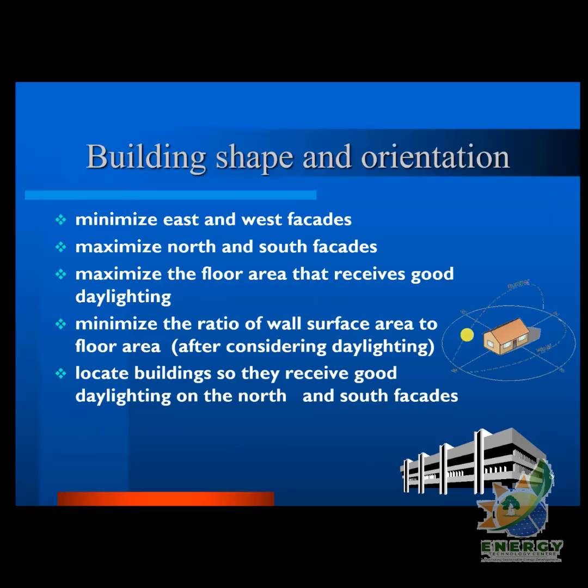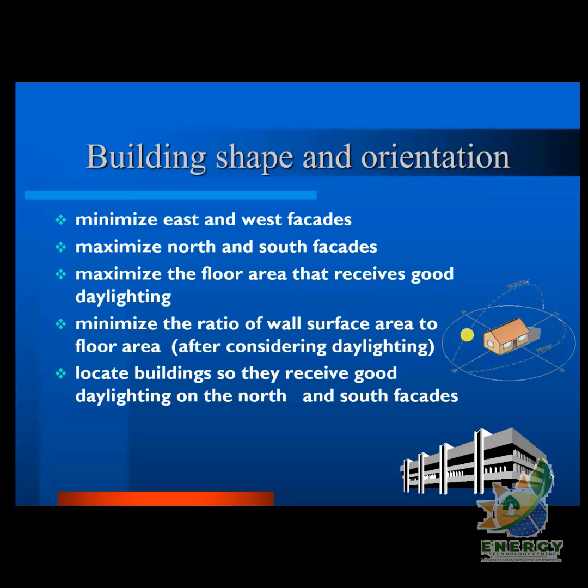Now, the building shape and orientation, you have to consider the apparent movement of the sun. The sun starts from the east and then it will set in the west. And this has to be taken into account when you are doing the orientation, so that you minimize east and west facades, so that you have very little exposure to the sun as it starts from the east and sets in the west.